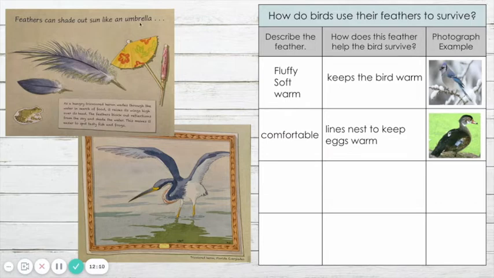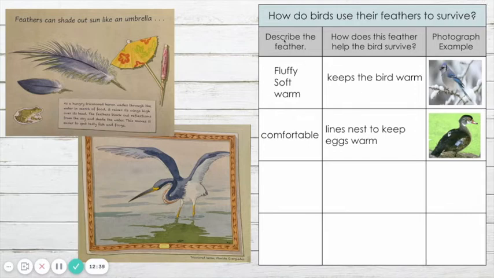Feathers can shade out sun like an umbrella. As a hungry tricolored heron wades through the water in search of food, it raises its wings high over its head. The feathers block out reflections from the sky and shade the water. This makes it easier to spot tasty fish and frogs. Tricolored heron, Florida, Everglades.